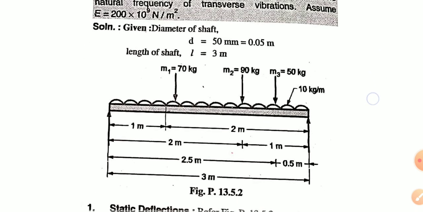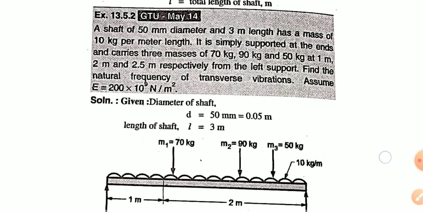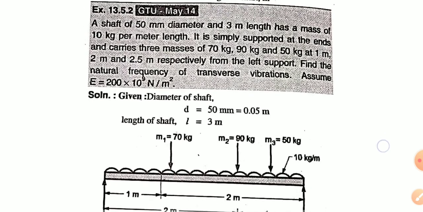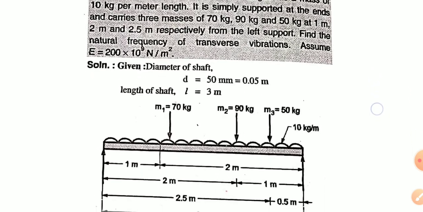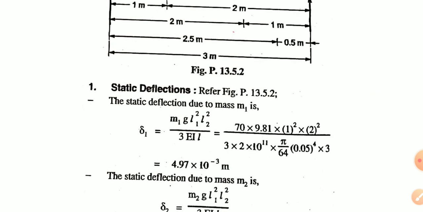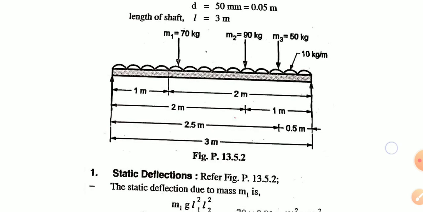So we can draw this diagram: simply supported at the ends and carrying 3 masses. First of all we have to find the static deflection for mass m1. For mass m1, this will be our L1 and this will be our L2.